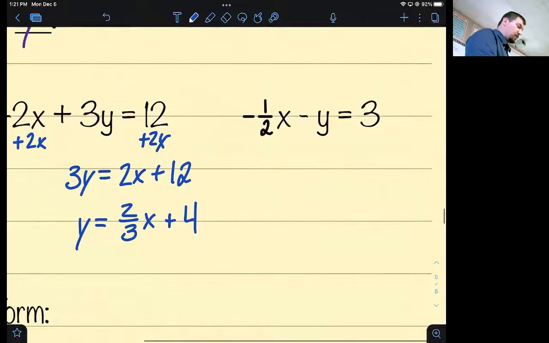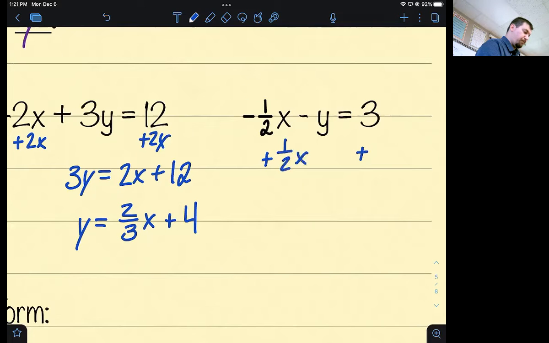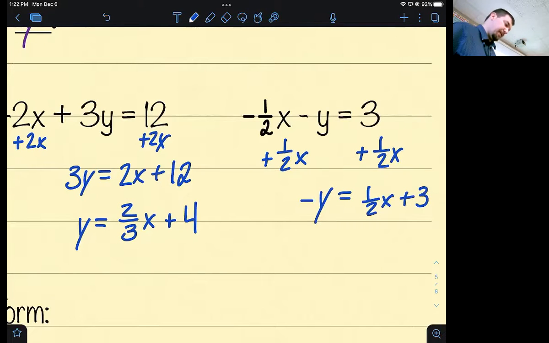On this one, to solve for y, what's the first thing you would do, Emerson? Okay. That would give you negative y equals 1/2 x plus 3. Now what would you do?